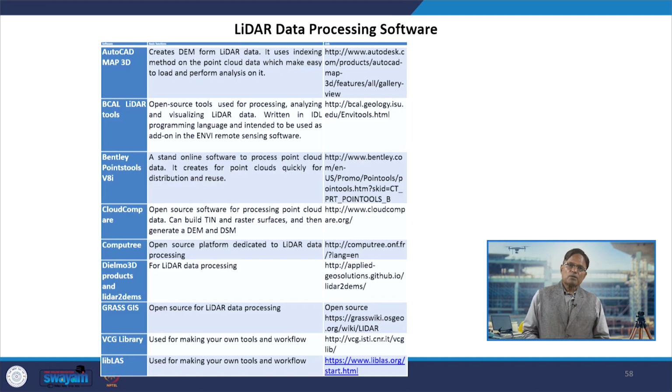There are a very large number of LiDAR data processing software. In this slide, and there are 4 slides actually, we indicate the kind of software which are available, and their source is also given in the last column. This list is quite long, and these software are helpful to us to process the data. Some of them are open source software, but some are commercial.